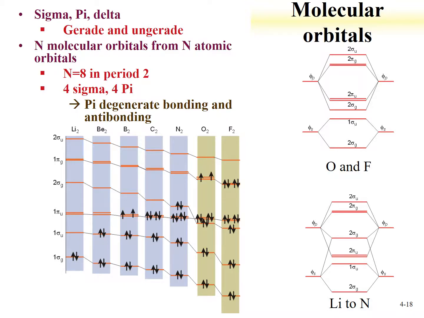And what we want to point out here is as we're filling these orbitals, we do see a shift from lithium to nitrogen. The order goes sigma, pi, and then another sigma. Whereas for oxygen and fluorine, we have sigma, sigma, sigma, and pi.